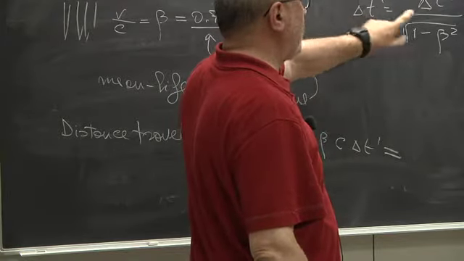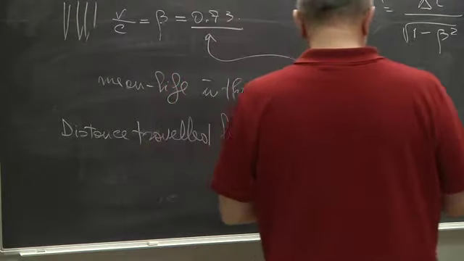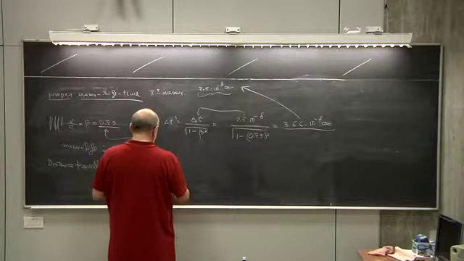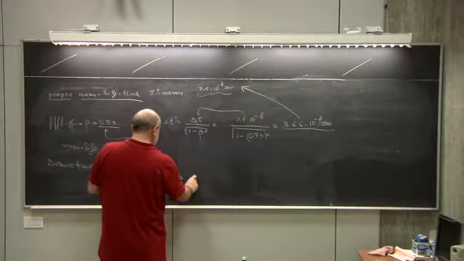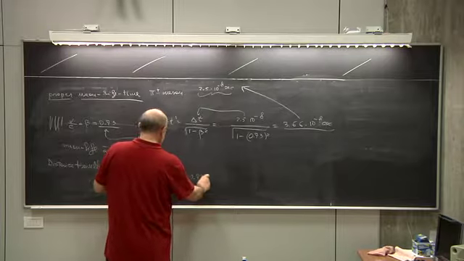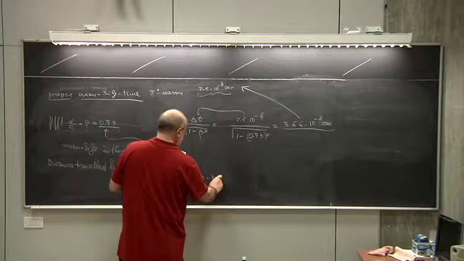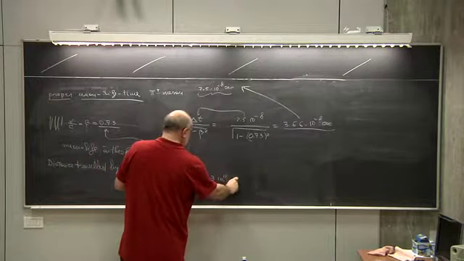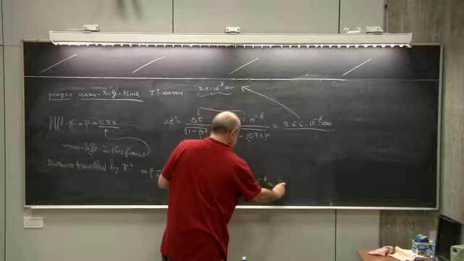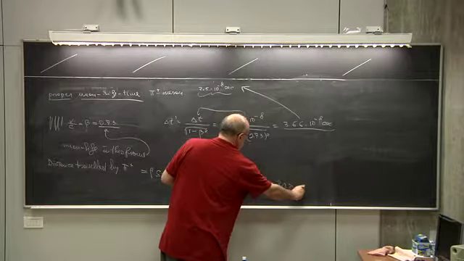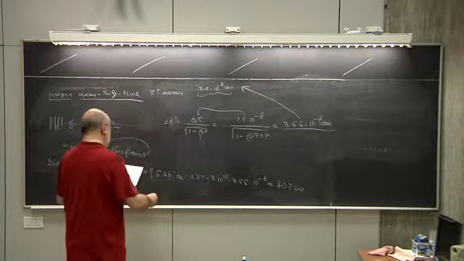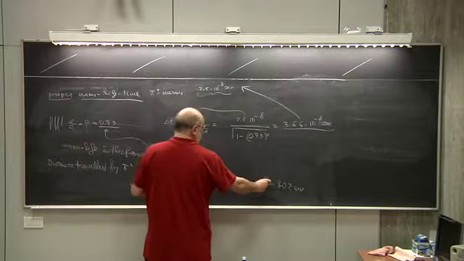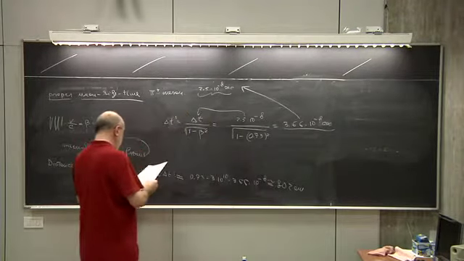So we put in 0.73, the velocity of light 3 times 10 to the 10, and 3.66 times 10 to the minus 8, and what we get is 802 centimeters. Just roughly, just do it with your calculator.